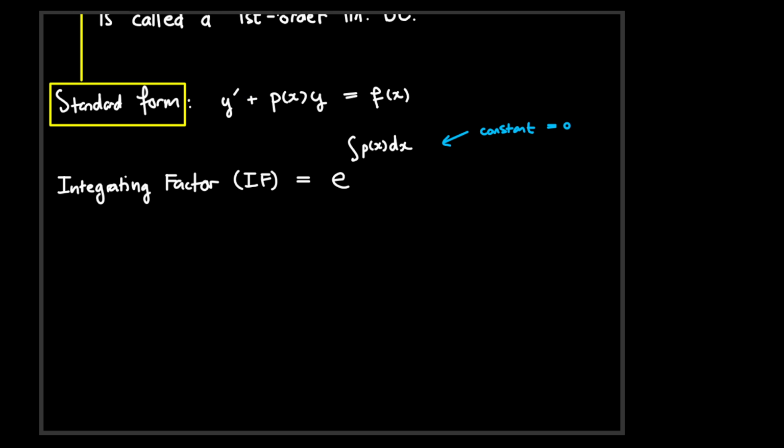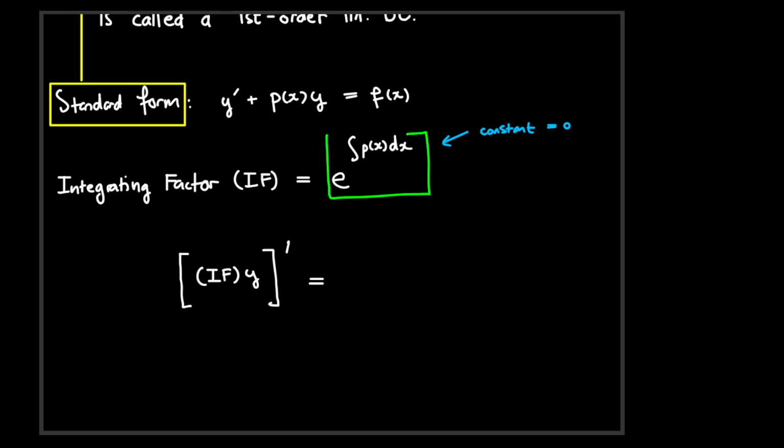Okay, so once we have determined the integrating factor, then we have the main formula for first order linear differential equations, and that's the following formula. If we take the derivative of the integrating factor multiplied by y, so take the derivative here. The integrating factor is going to be some function of x, right?